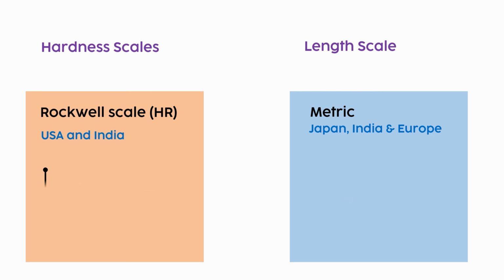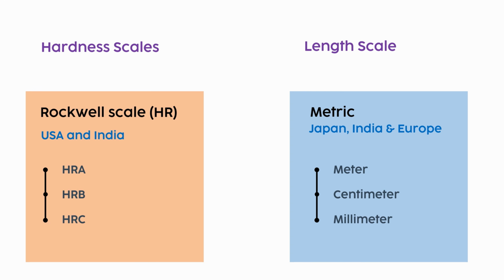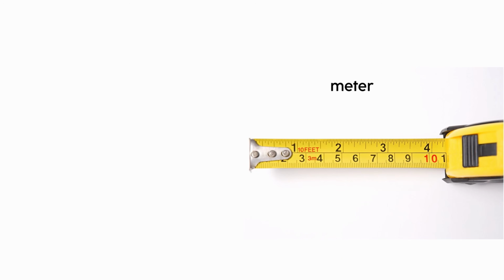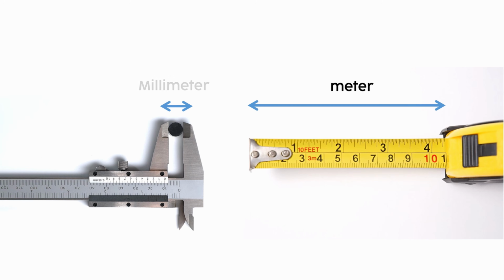And for the subscales, think of the subscales like HRA, HRB, HRC as different units of one main measuring system. Like in the metric system, for fairly long distances, we use a tape in meters. But for shorter distances, we use a vernier caliper in millimeters, right? Because if we try to measure shorter distances with a measuring tape in meters, then the accuracy will not be good.